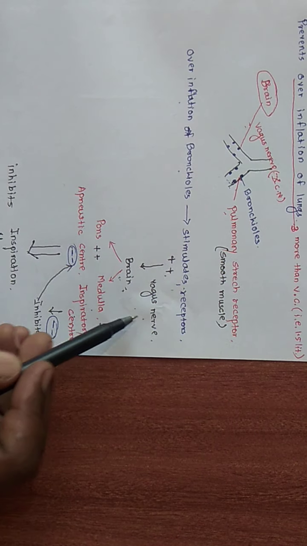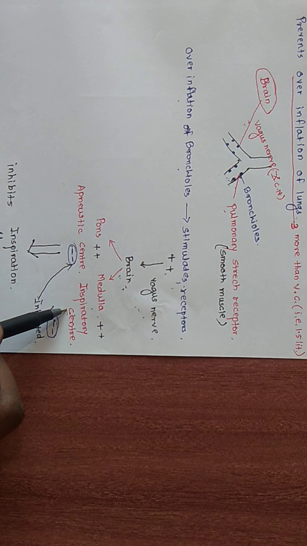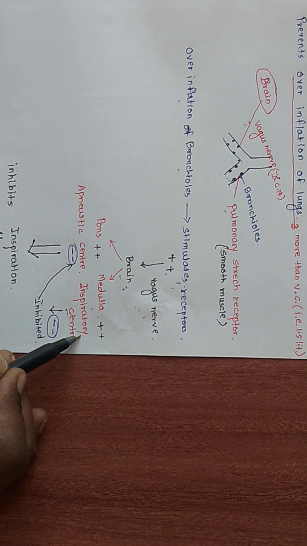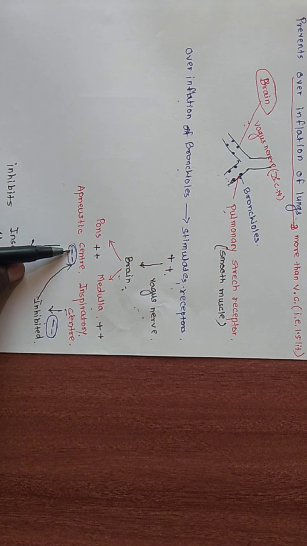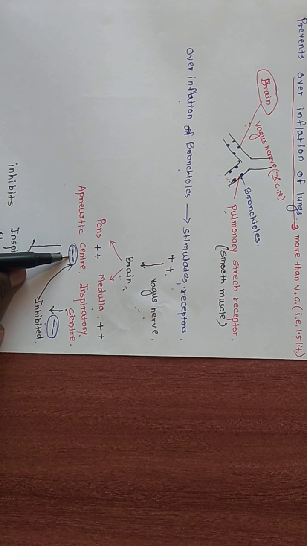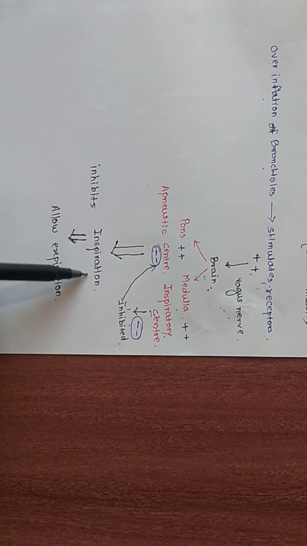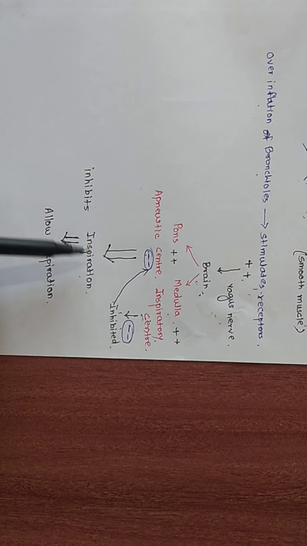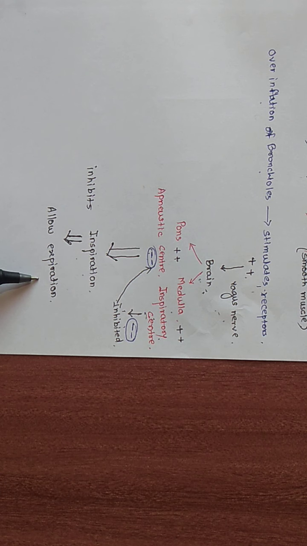The vagus nerve goes to the medulla. In the medulla there is an inspiratory center. Okay, it gets inhibited, and as it gets inhibited, it inhibits the apneustic center, which is present in the pons. Both get inhibited, resulting in inhibition of inspiration. As inspiration is inhibited, it allows expiration.